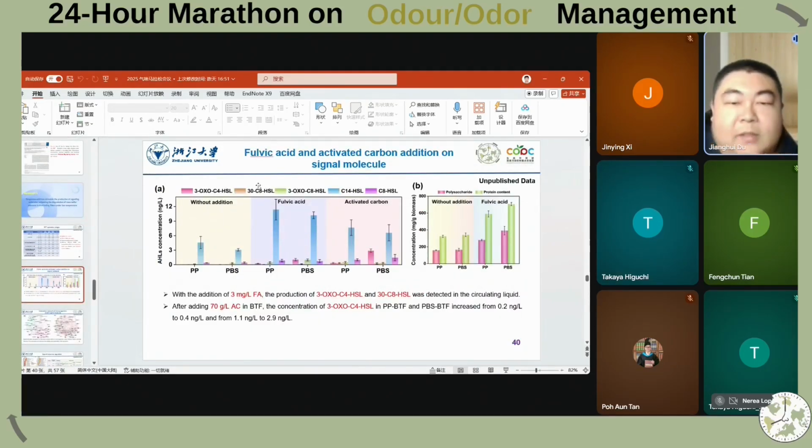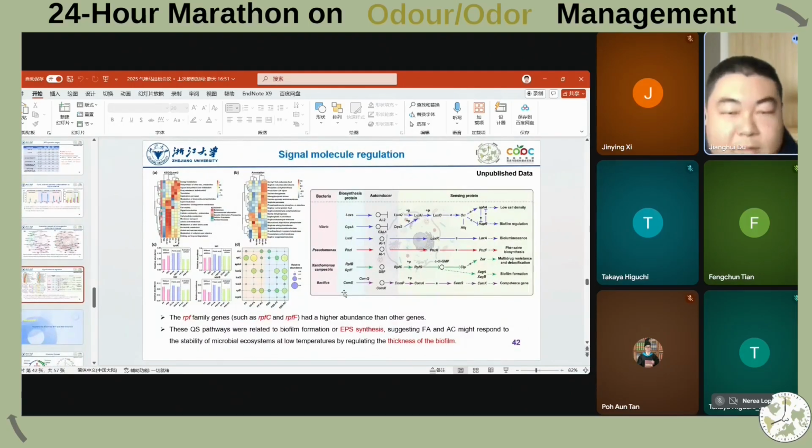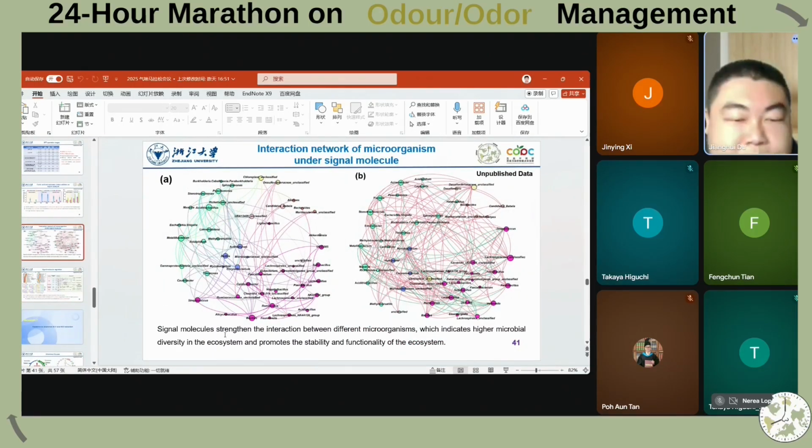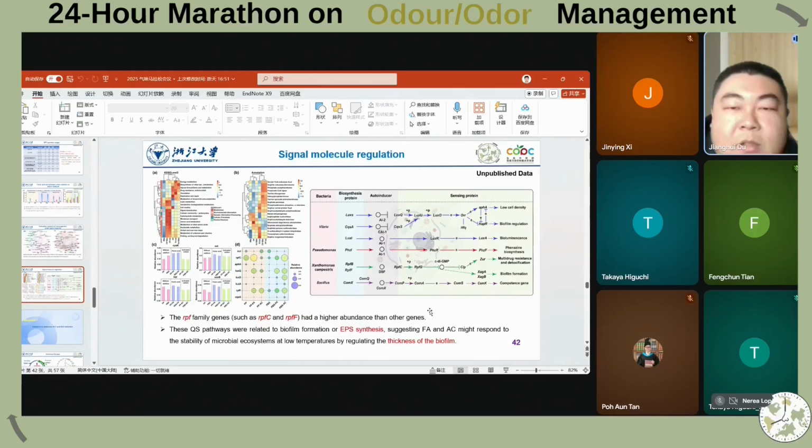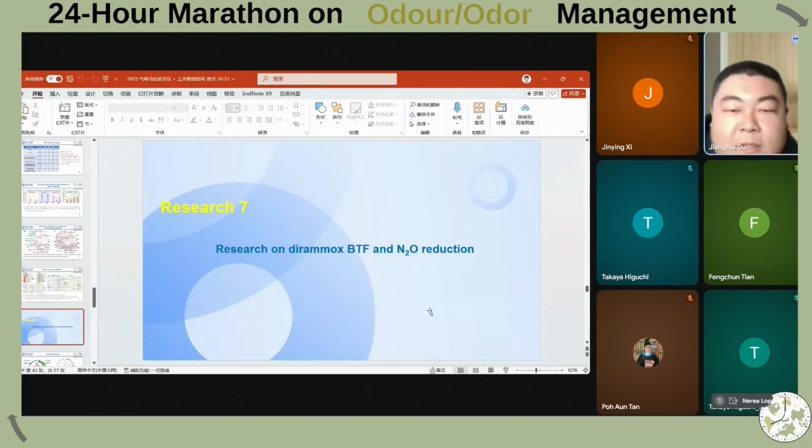It shows that with 3 milligram FA, FA means fluoric acid, these two signal molecules were generated in the sequential liquid. Here is the signal molecule stress on the interaction between different microorganisms. This is the signal molecular regulation pathway.